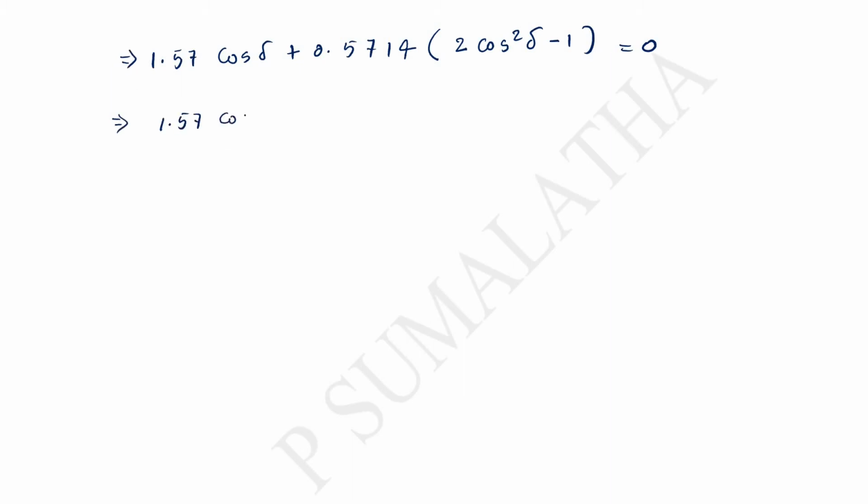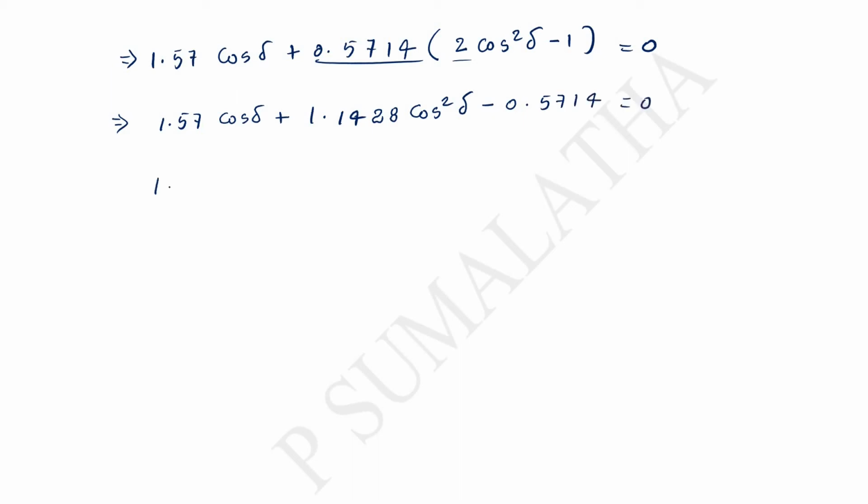1.57 cos del plus 0.5714 into 2, that will be 1.1428 cos square del minus 0.5714.